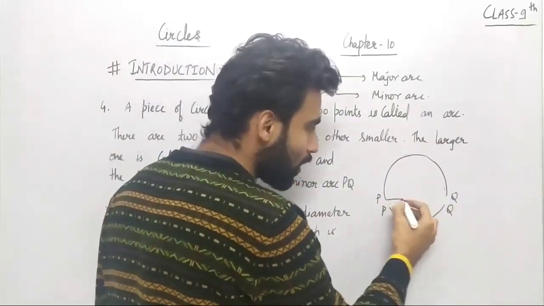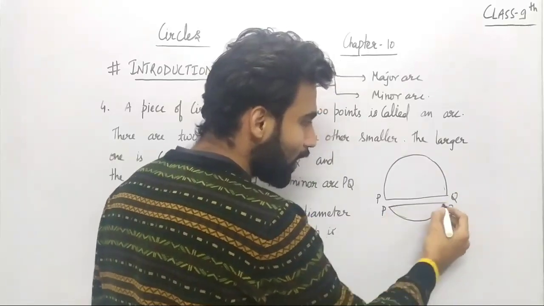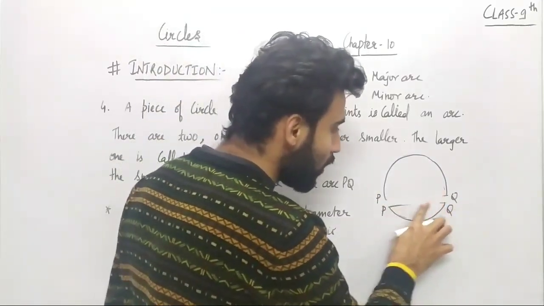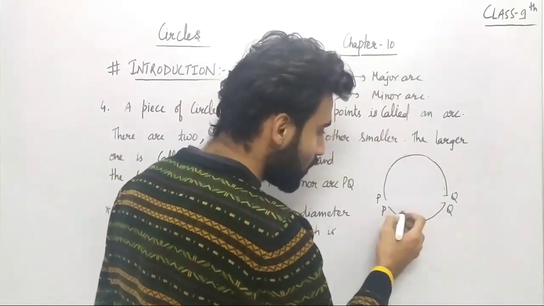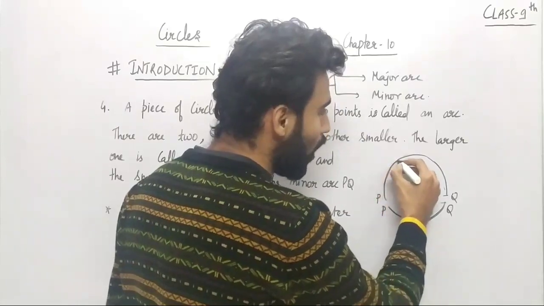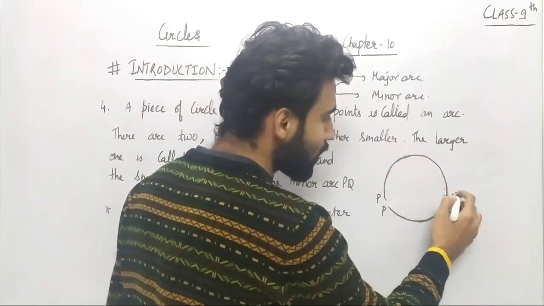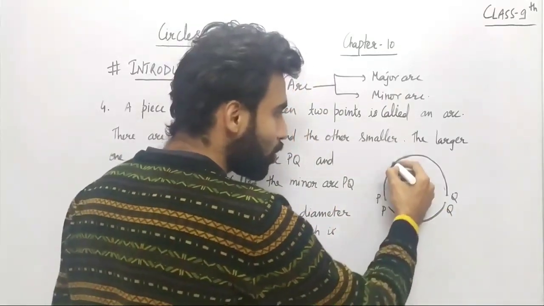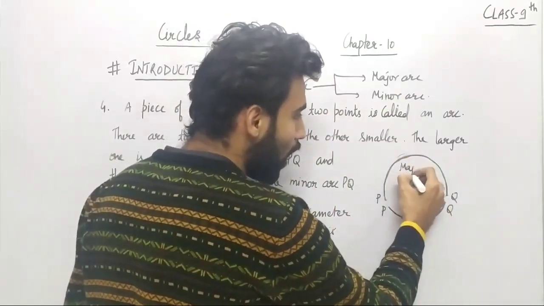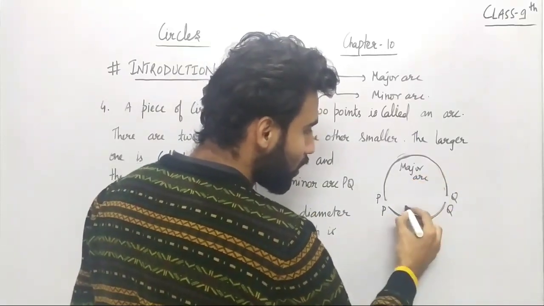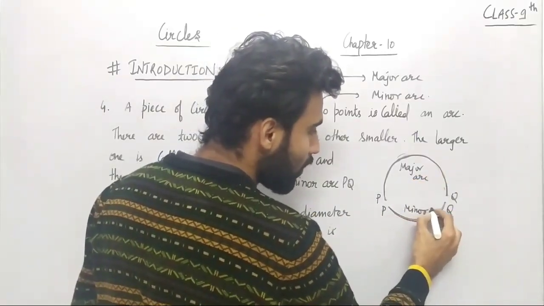So you can see it has divided the circle into two parts, right? So you can see the curve here. So this is the arc, right? So there are two arcs formed when I just divided a circle into two, right? So this is going to be the major arc, and you can see this one is the minor arc.